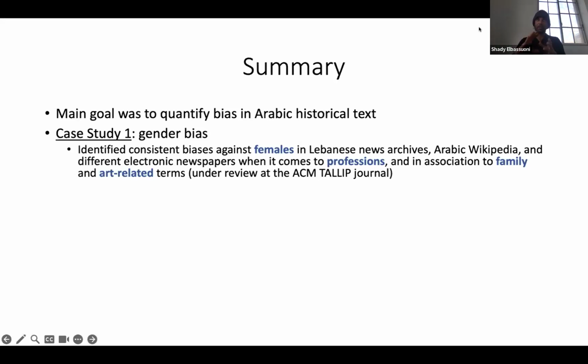And we tried to compare these different sources as well and see if there were any cultural differences based on the region. But what we really found at the end is that these biases were consistent in most cases across all data sets.